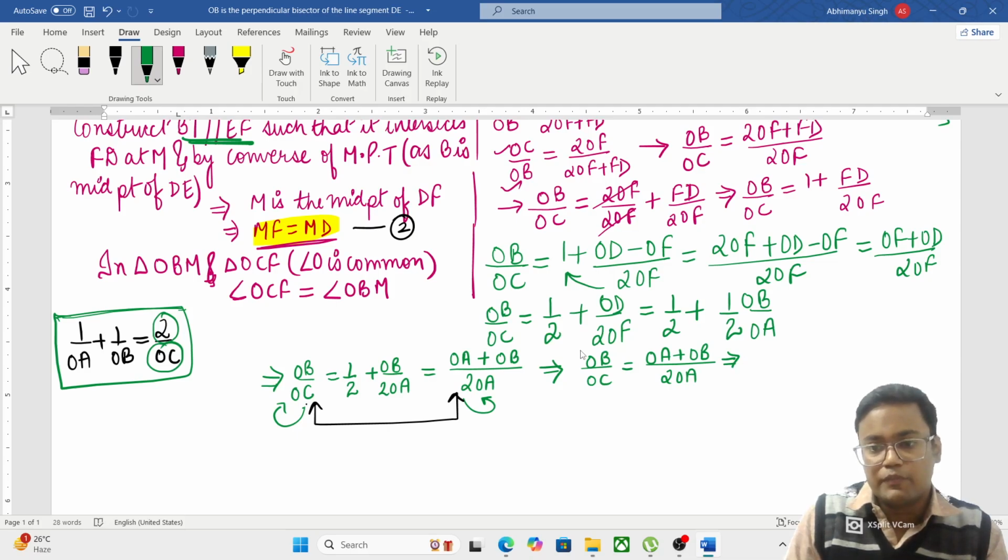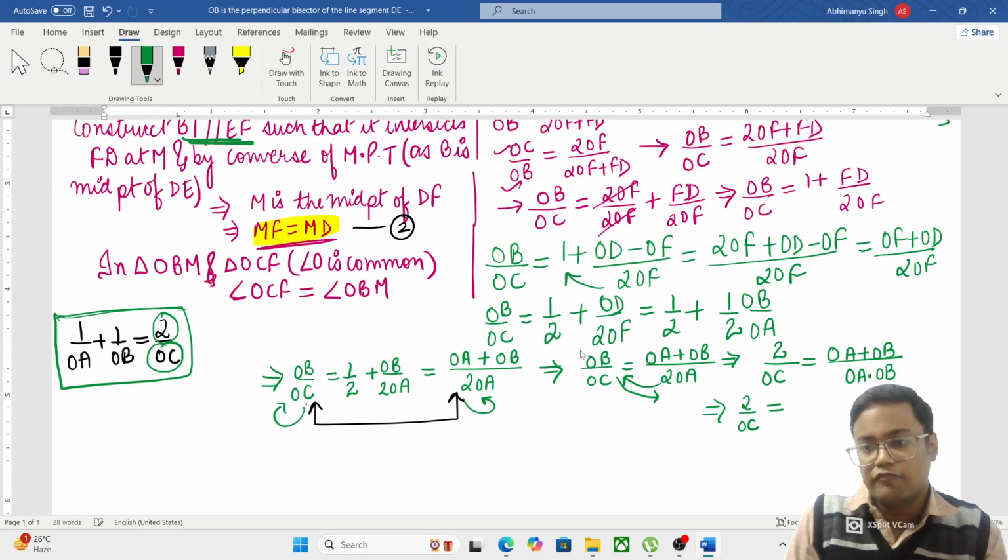So in place of OB, we send 2 from here. We will send 2, so 2 goes here, the same is left below, and above it is written OA plus OB, and in the denominator OB we will send here. So OA is already here and what will it be, OB. So now see, twice of 1 upon OC will be equal to, I am splitting the denominator, right, into OB plus OB upon OA into OB.